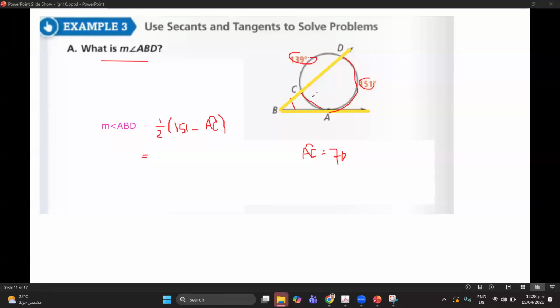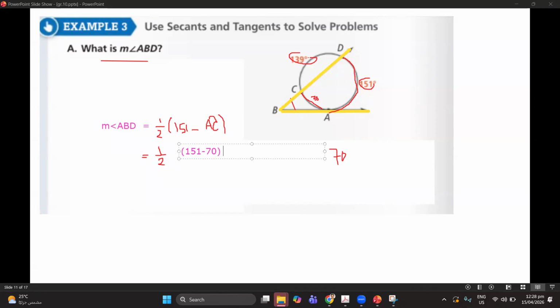So now the measure of arc AC is 70. So I have half of 151 minus 70, which is equal to 81.